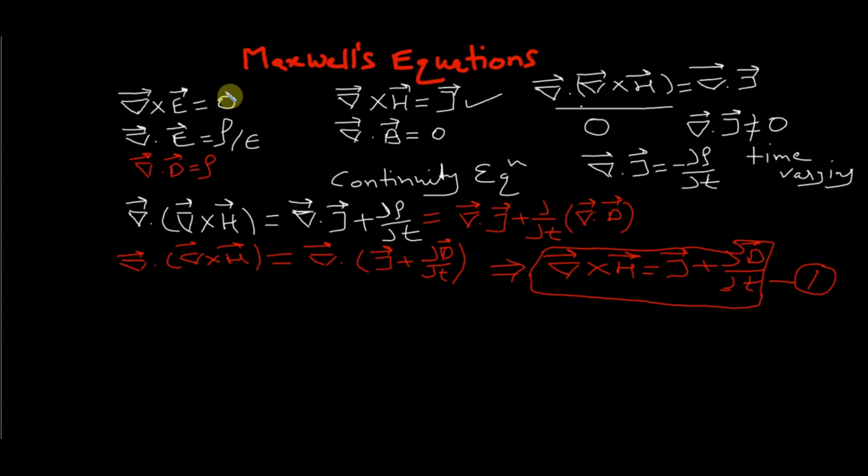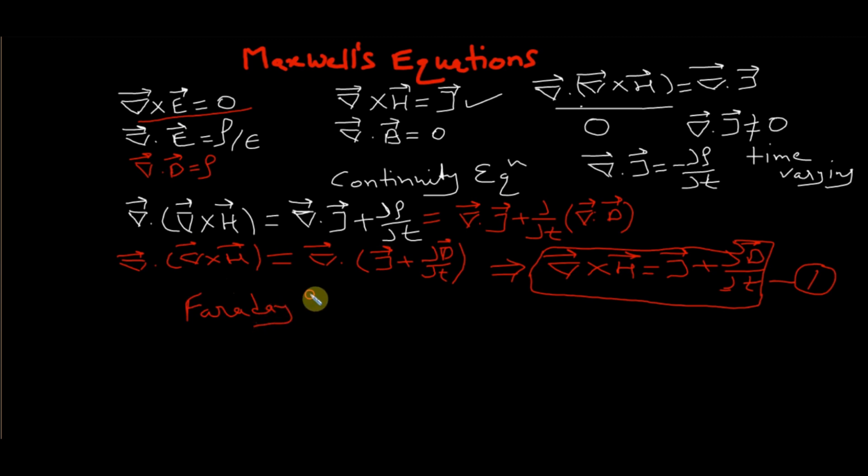Okay. Now this equation, this one, is also modified. Del cross E is equal to 0 for the static case, but this equation was modified by Faraday.